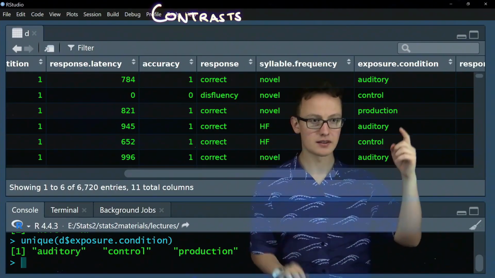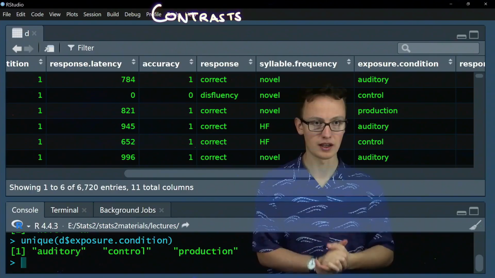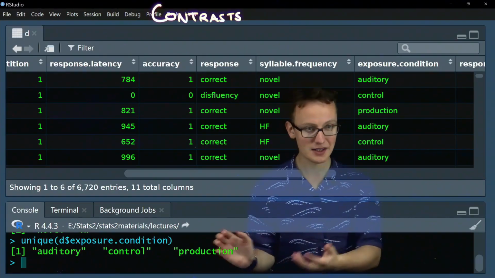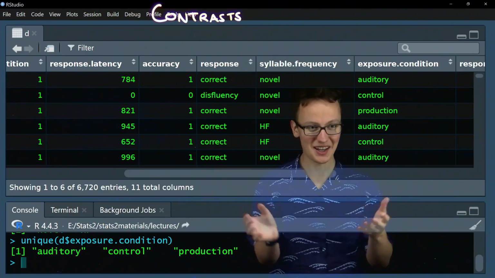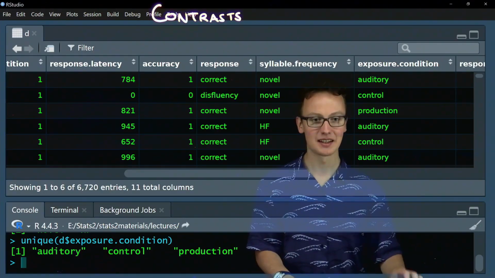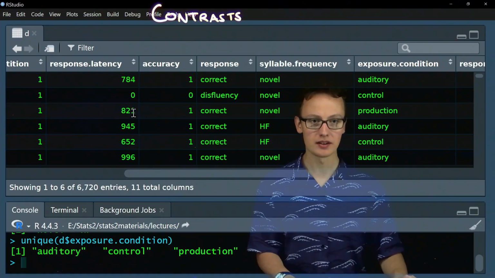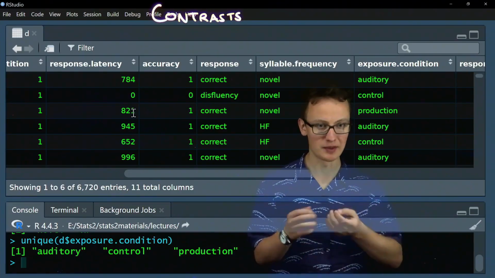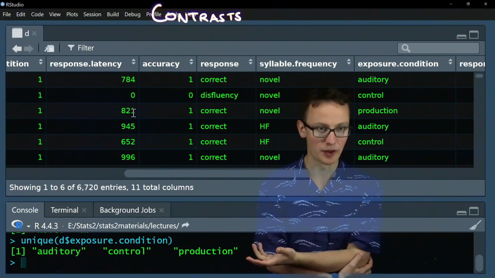And the third setting is this control condition where I assume they didn't receive any training. And then there was a subsequent task in which they had to respond to syllables of such kind in some way. And this task would then record their response latency. Okay, so the response latency is just the response time, or time difference in milliseconds. And that is our dependent variable.